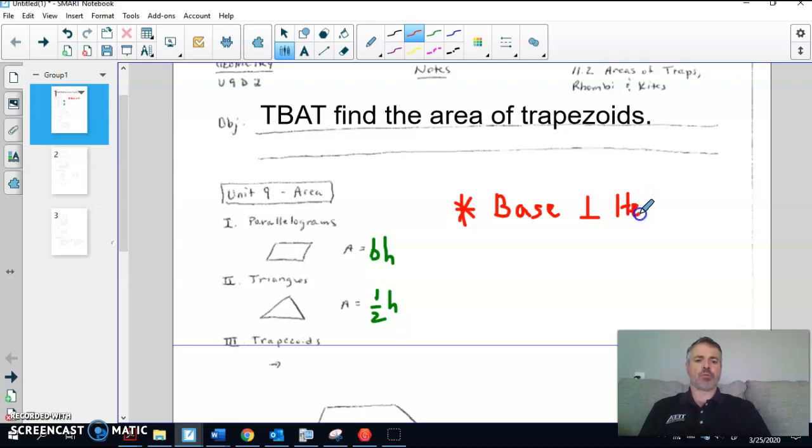That is going to be super important. So remember, the height has to be perpendicular, so the height on this would be this guy. In here, that would be the height. And then in here, again, it has to be perpendicular, so this would be the height right there. So height has to be perpendicular to the base.